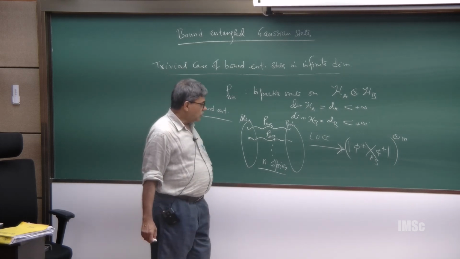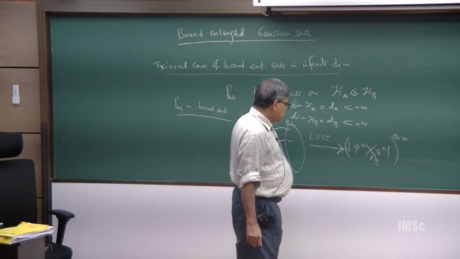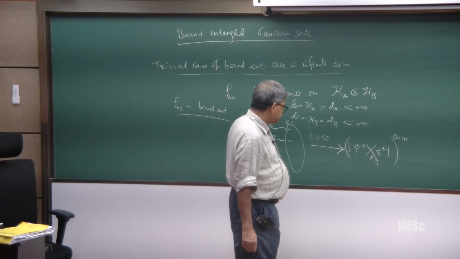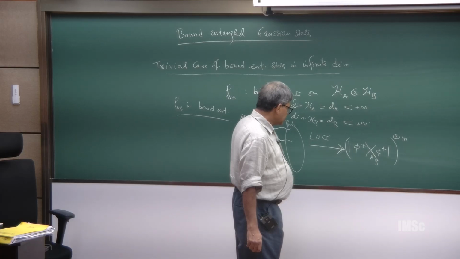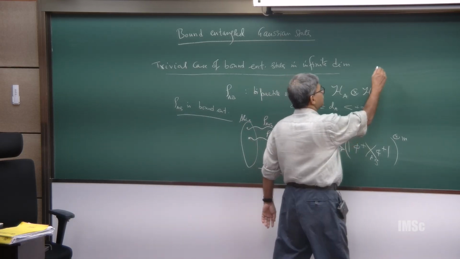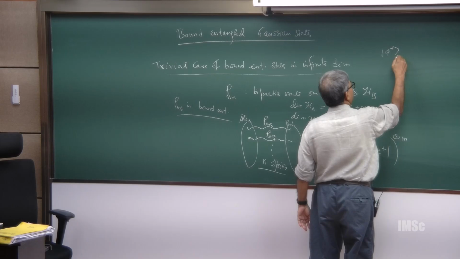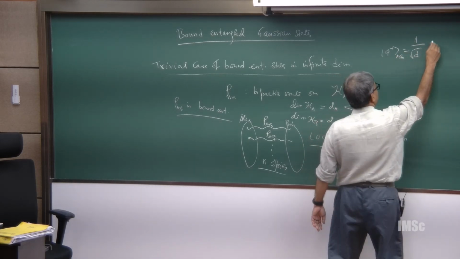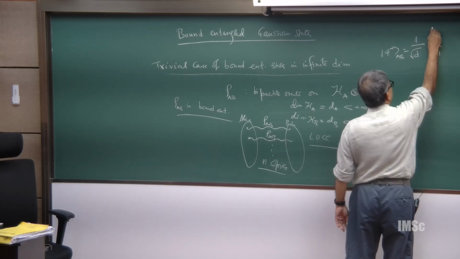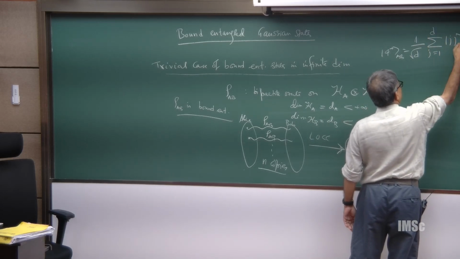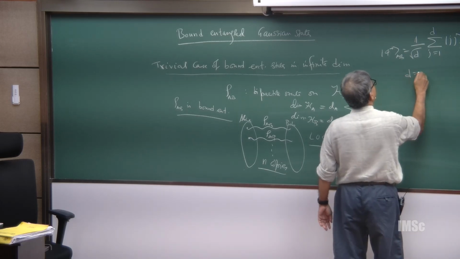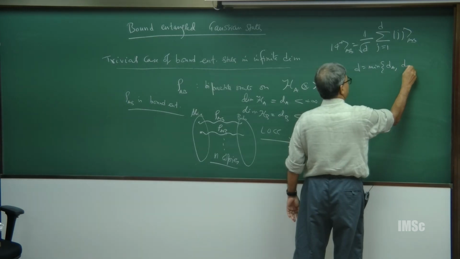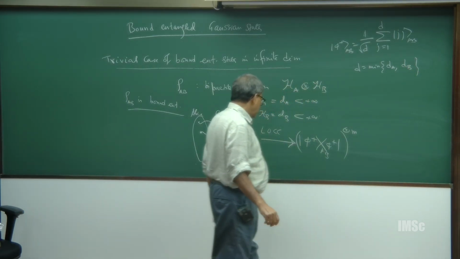Okay. So, the point is that this is your maximally entangled state. So, phi plus is 1 upon square root of d, sum over j equal to 1 to d of j j, on A B, and d is equal to the minimum of d A and d B. Okay.